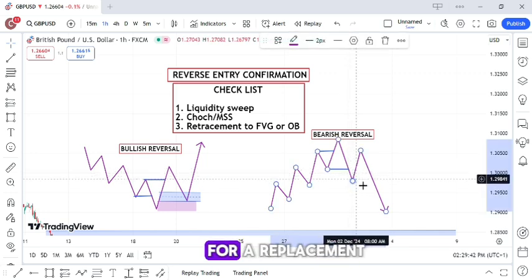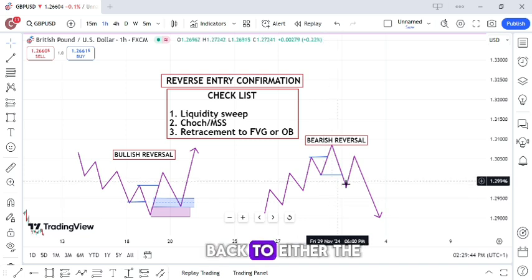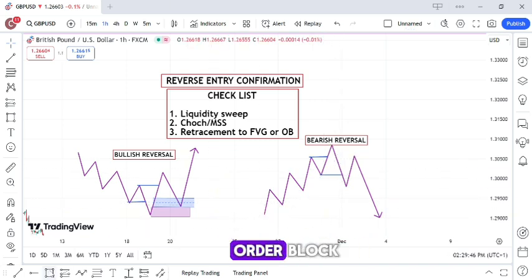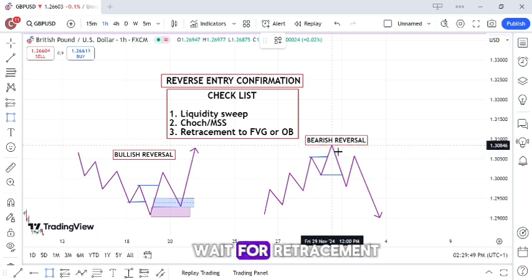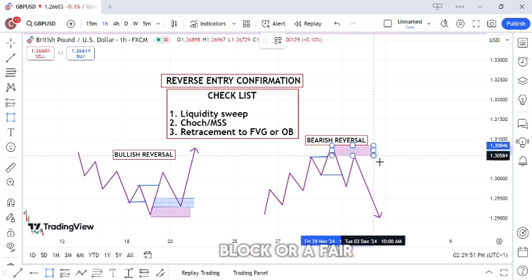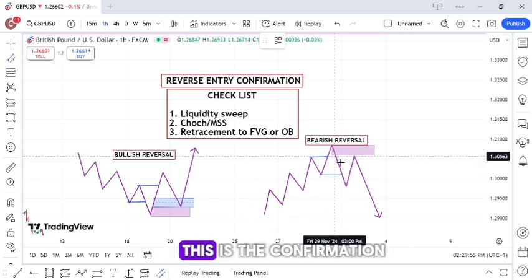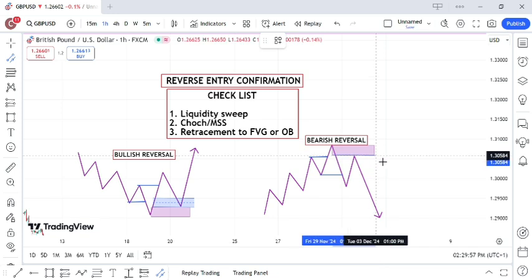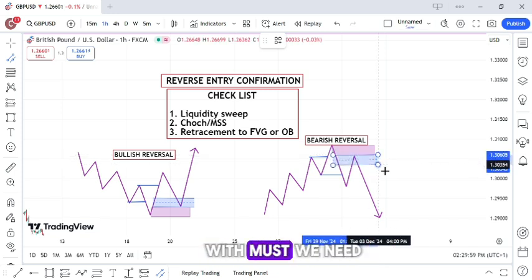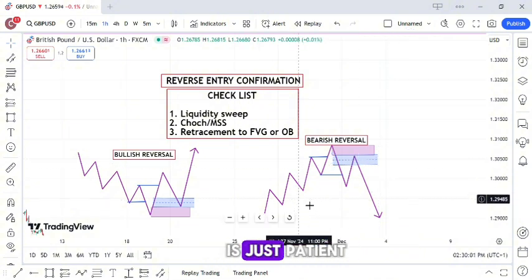We have to wait for a retracement back to either the fair value gap or order block. This is the checklist we need to wait for, and it's just patience.